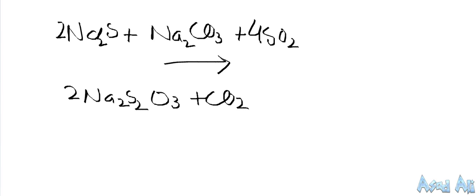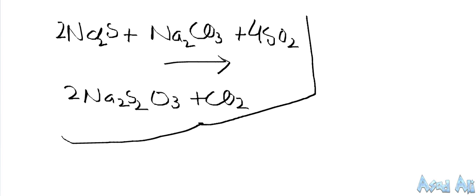Now we have to find the limiting reagent. Suppose equal masses of 200 grams of disodium sulfide and sodium carbonate are to be used. Which compound will stop the reaction?